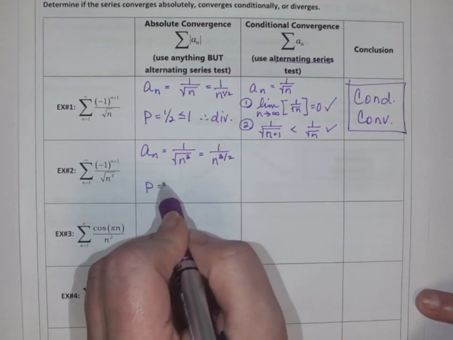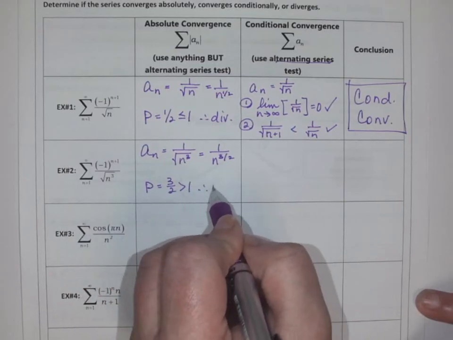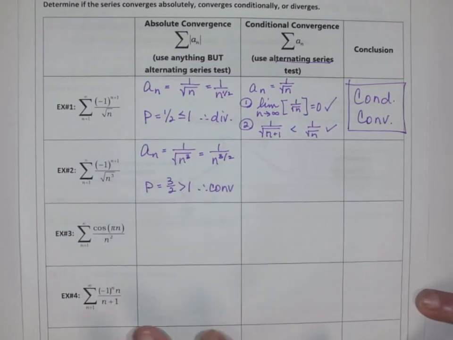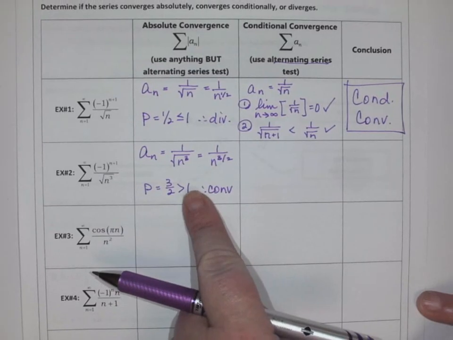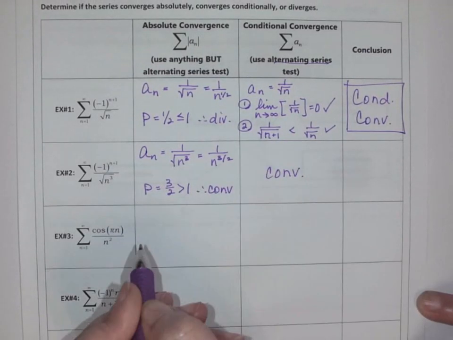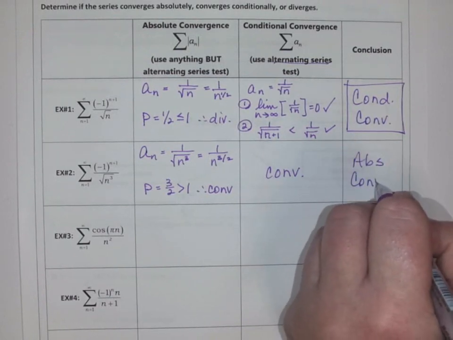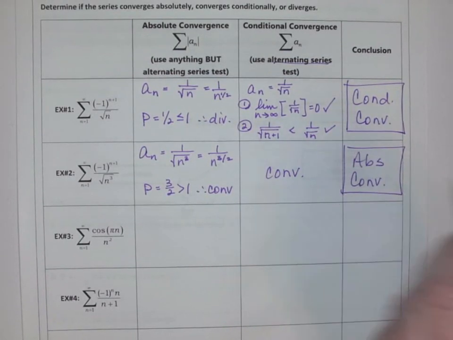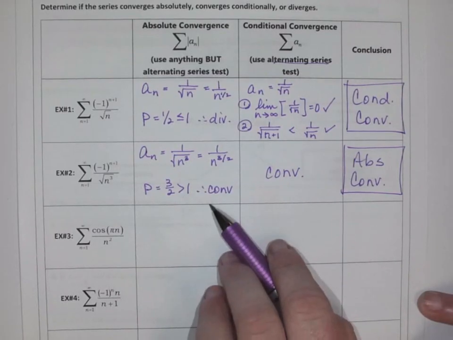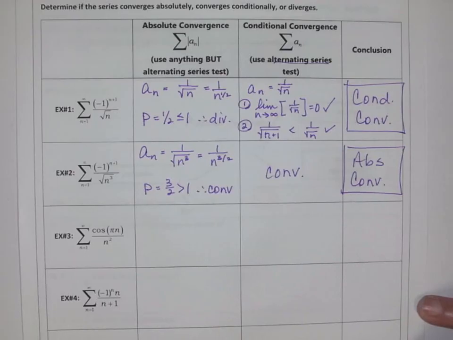So our p is equal to 3/2 this time, which is greater than 1, so therefore it converges. Well, if this guy converges, then we automatically know this guy is going to converge, and we say it has absolute convergence. Okay? That's why we start with this one, because if we get this one to converge, then we can basically just write our answer.